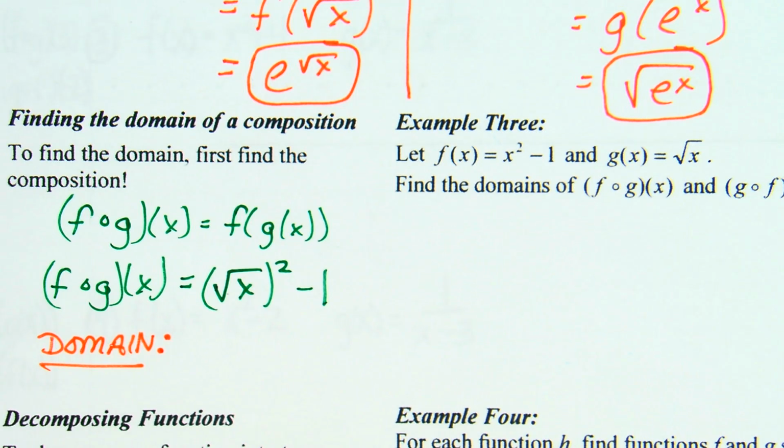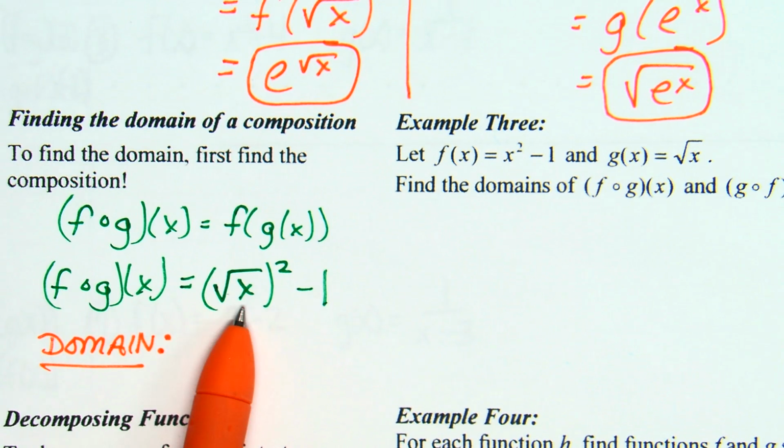What type of X values are we allowed to put in there? So in this case, it's what type of X values are you allowed to have under a square root? That's what I'm really asking. Positive? Can X be negative in this particular problem? No, because it's a square root. So X has to be positive.